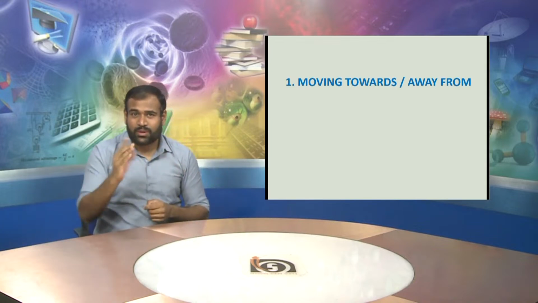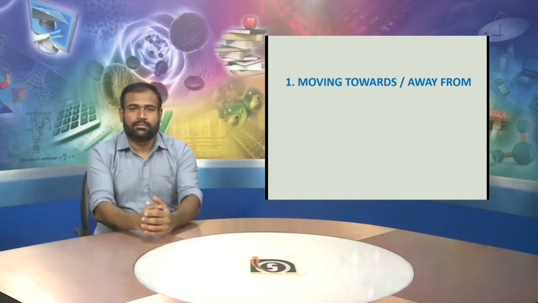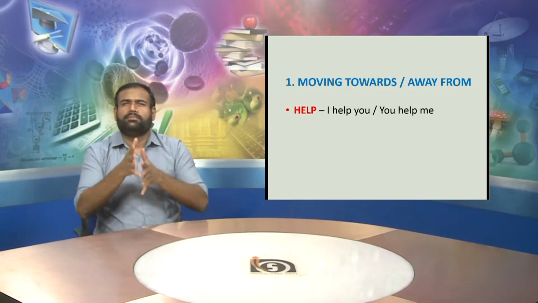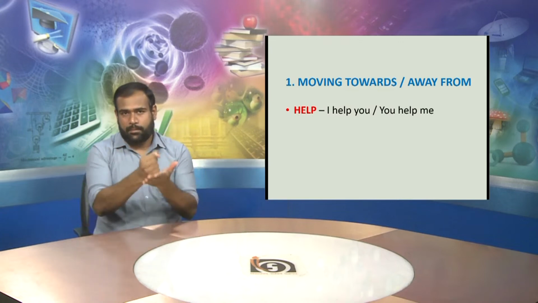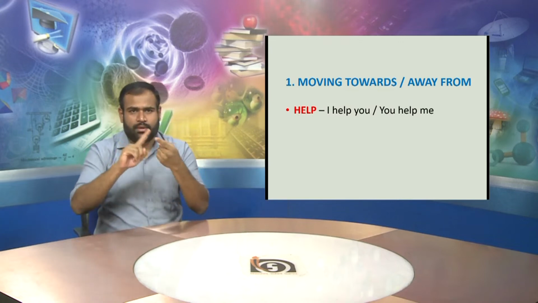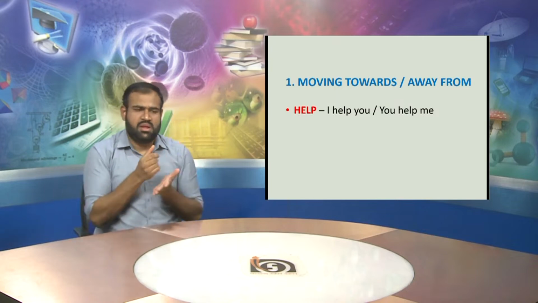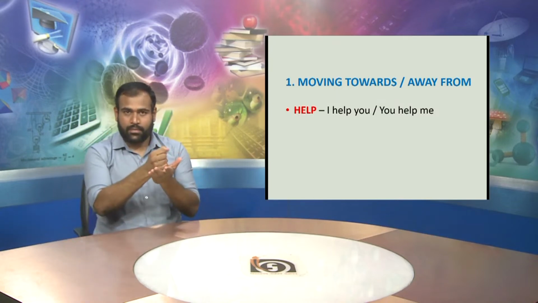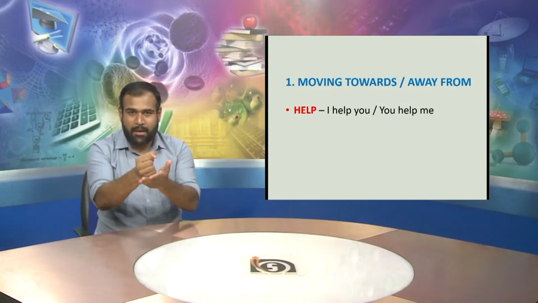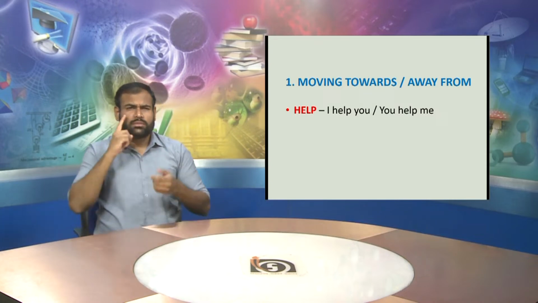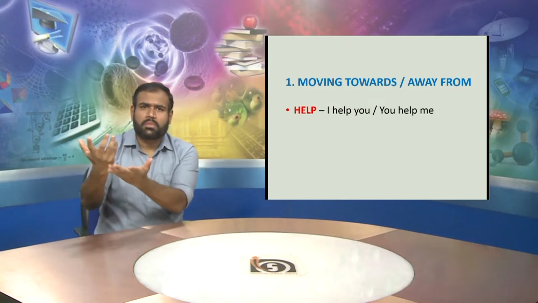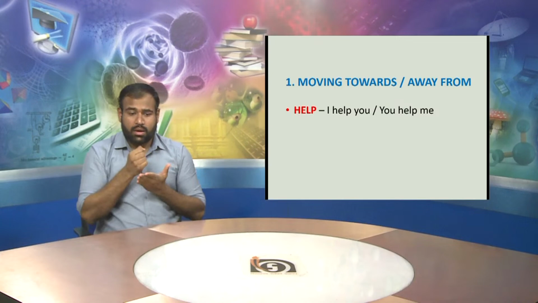The first point is talking about moving towards and away from. For example, see the word help. Help, see, I help you, and if I talk about you help me, the direction will be different. This is I help you, you help me.